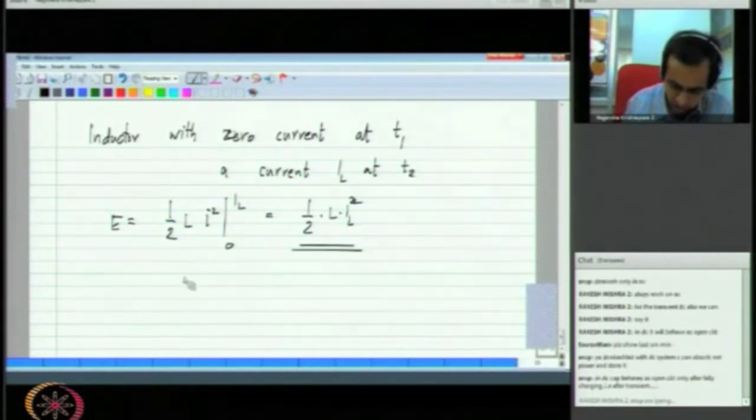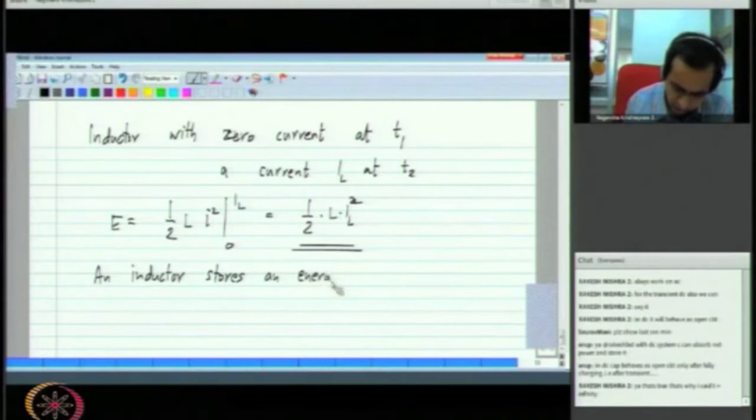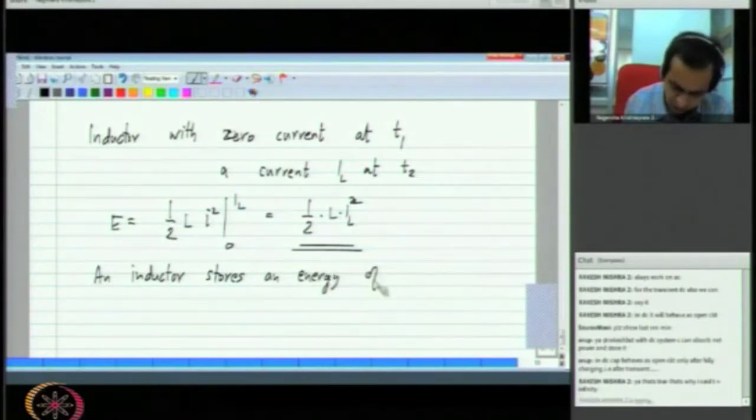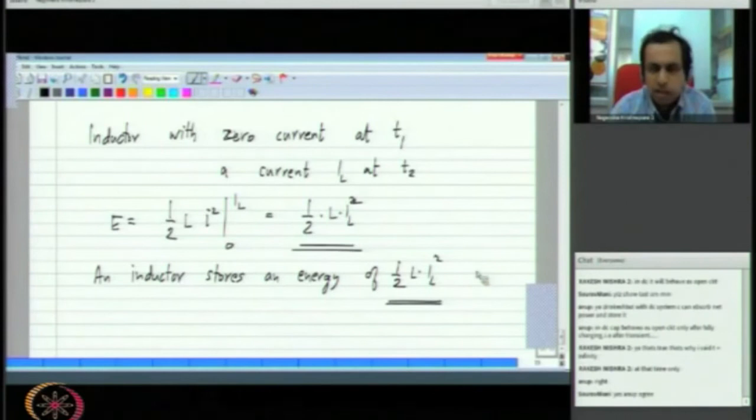This means that an inductor stores an energy of half L IL squared, that is half of inductance times the square of the current through the inductor.